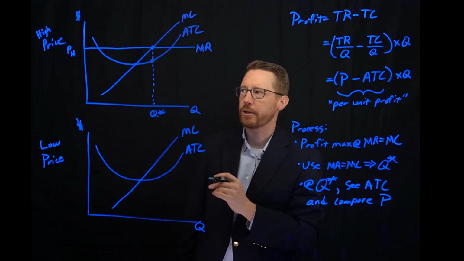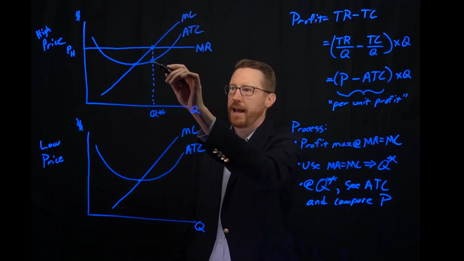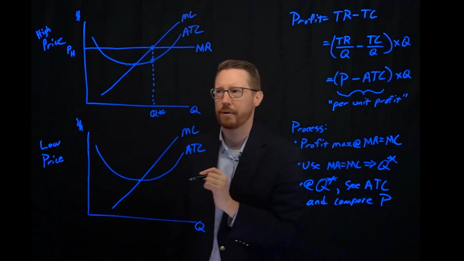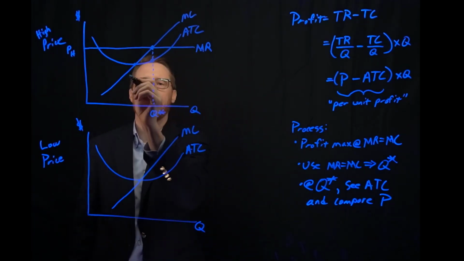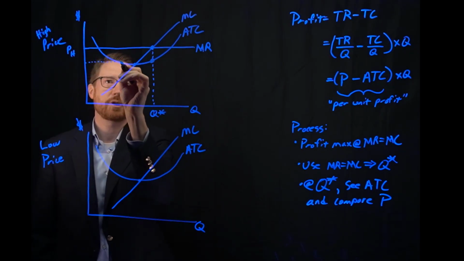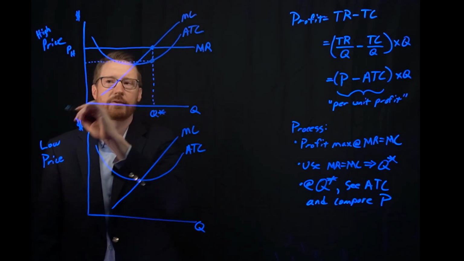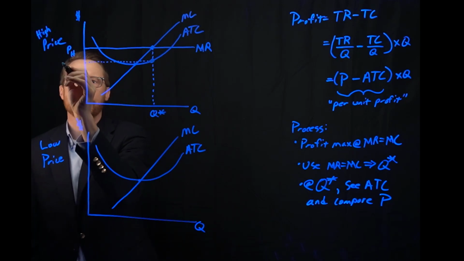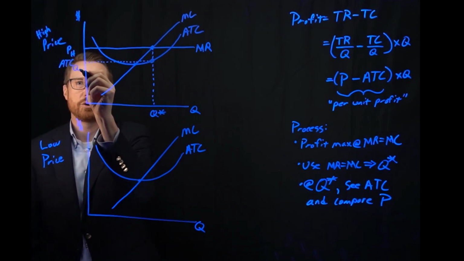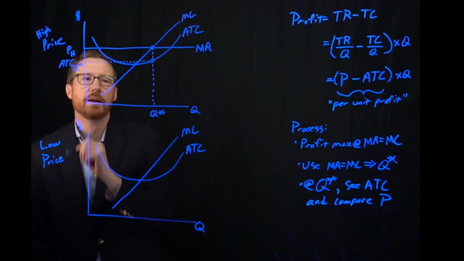And if we compare it to price, average total cost is less than price. So this firm must be profitable. What does that look like in this graph? If we find this average total cost, we just draw it in. So this is our average total cost for Q star.